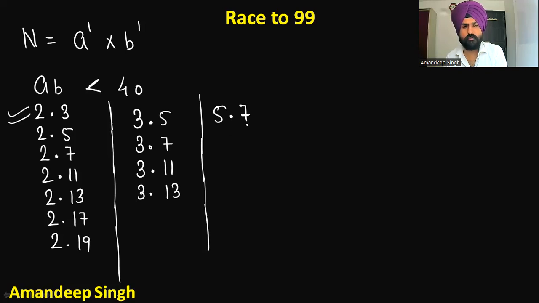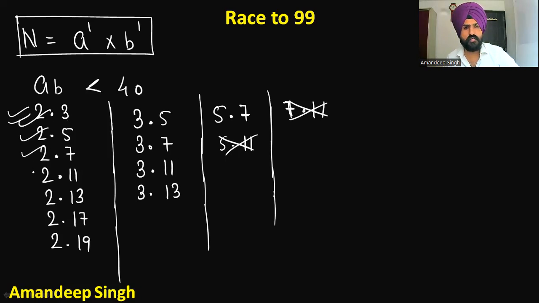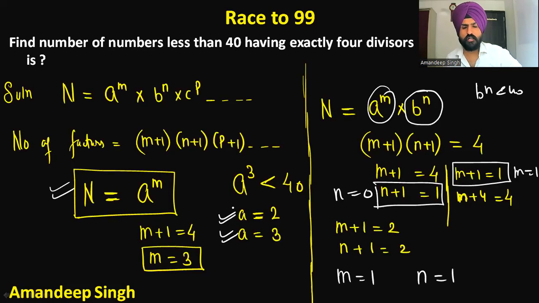If you take any number more than 7, like 5 into 11, that number is not less than 40, so that's not possible. If you take a as 7 and b more than 7, this will not give a number less than 40, right? So how many answers are there for the case when n is a into b? 1, 2, 3, 4, 5, 6, 7, 8, 9, 10, 11, 12. 12 solutions here, 2 solutions in the first case. That's why the answer is 14.